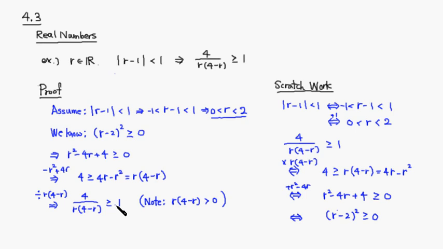But you have to make sure that we can do this without changing the direction of the inequality, because r times quantity 4 minus r is always positive, because r is only between 0 and 2. So this is the end of the proof.